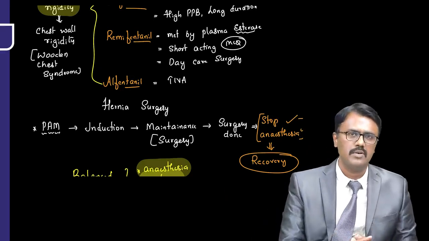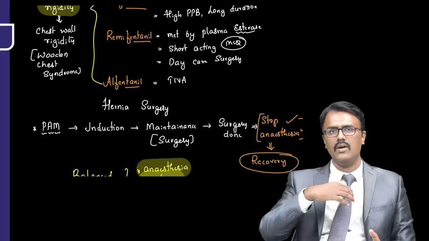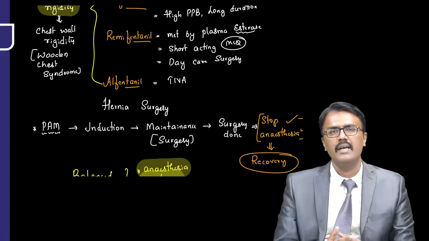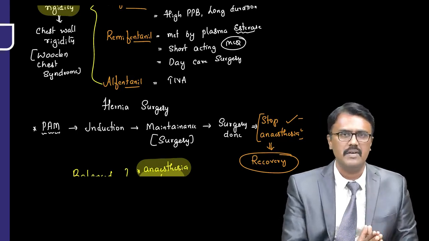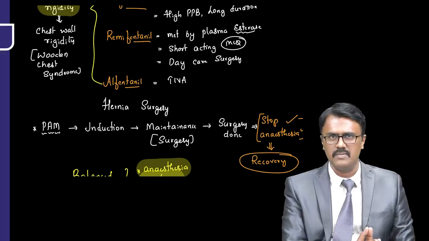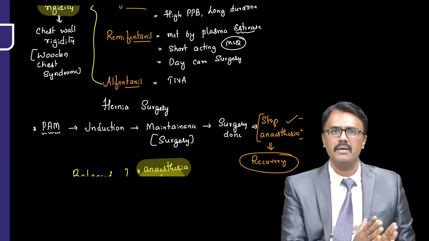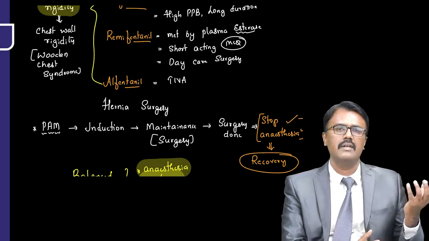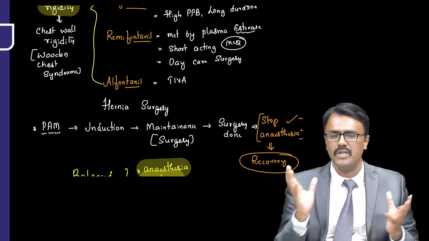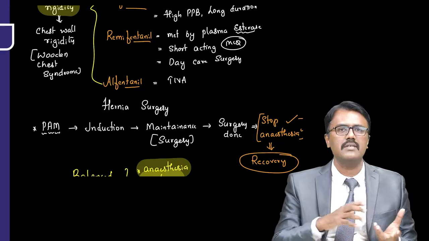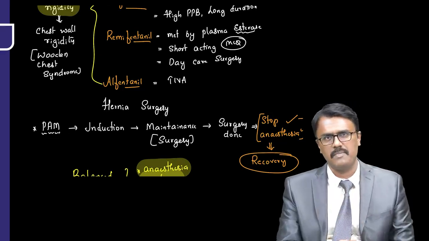Anesthetic agents are of two types: either inhalation or IV. Inhalation agents are gases and liquids, given through special devices like Boyle's machine, and they have different pressures. So we have cylinder color and pin index so that they match. There should not be any mistake, because the pressures are different in different cylinders.